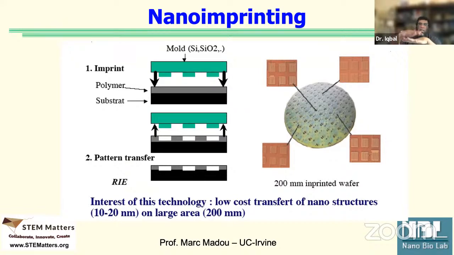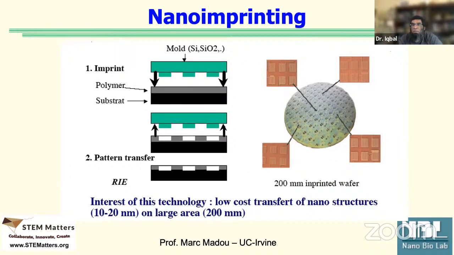And we are making structures in the hard matter itself. Soft lithography is soft substrate, polymers, right? So we make it, and then we may attach that soft polymer onto a hard substrate in soft lithography. Here, what we are doing, we are making things ultimately in the hard material.